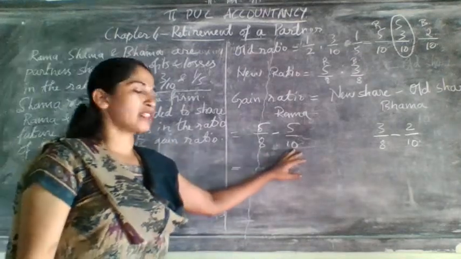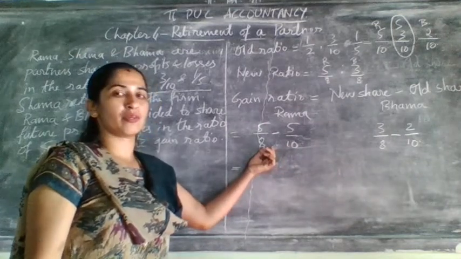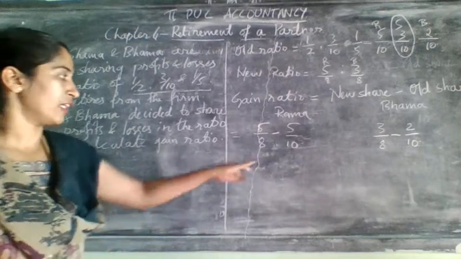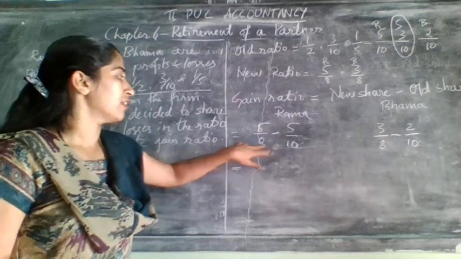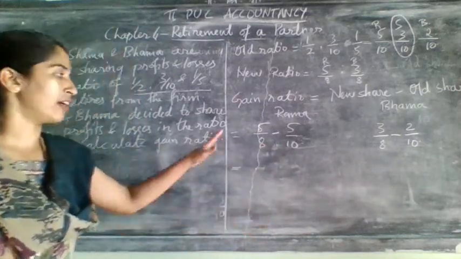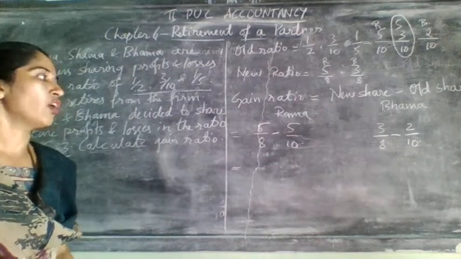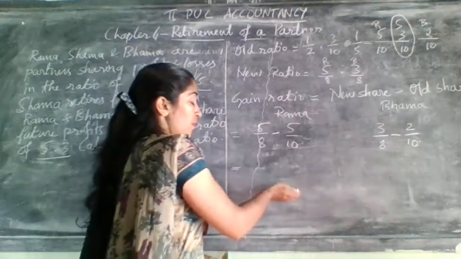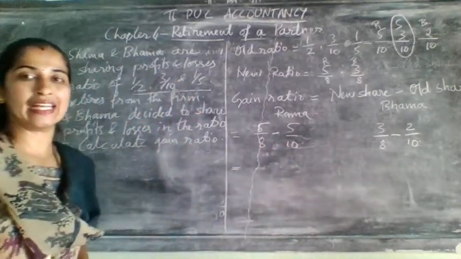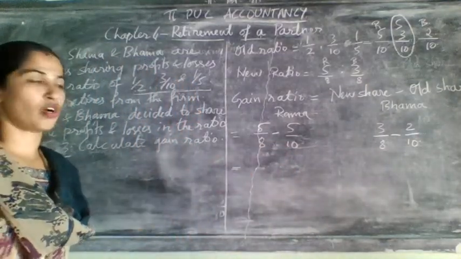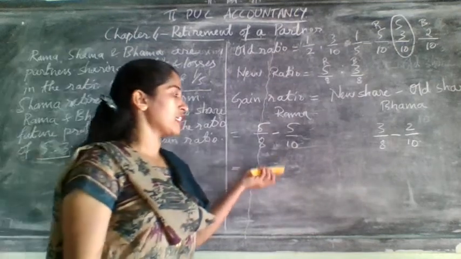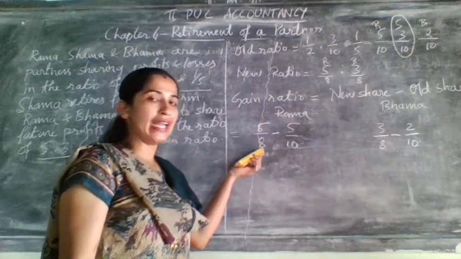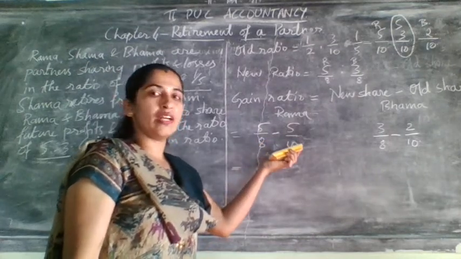Here 10 is a big number, but it can't be divided by 8 because it is not there in the 8 table. When it is not like that, you can multiply, that is 8 tens are 80. Or else you can find any other number. If you can find a number smaller than 80, you can take that as the common denominator. Actually in this case 40 will come. Why? Because 40 is divisible by 8 and also by 10.